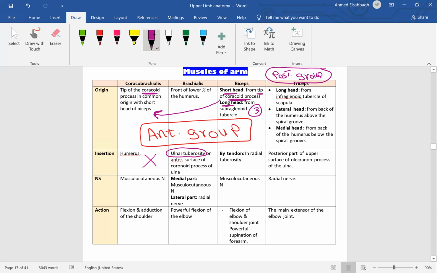So now the question of the three muscles attached to the coracoid process is complete. What are these three muscles? They are pectoralis minor, coracobrachialis, and the short head of biceps. The long head of biceps originates from the supraglenoid tubercle.